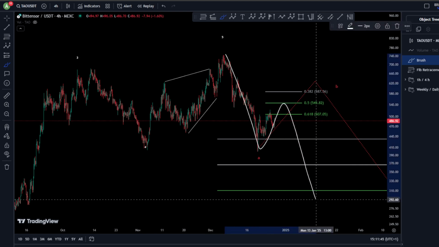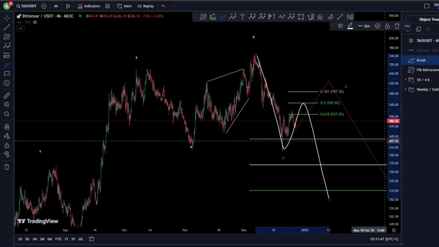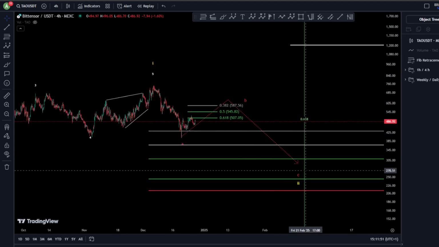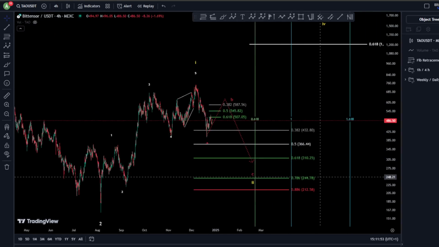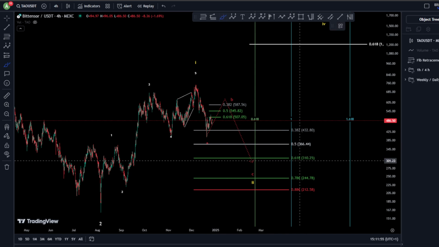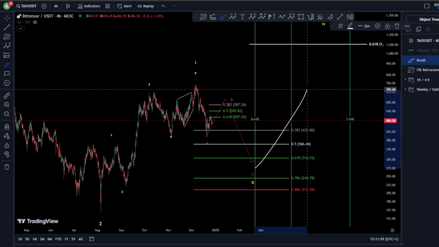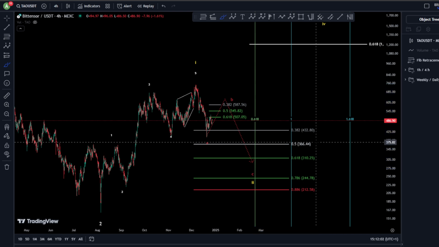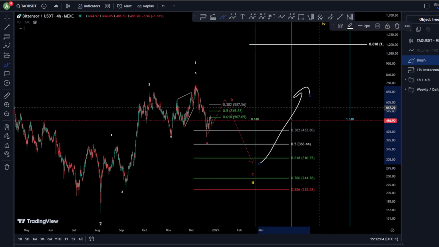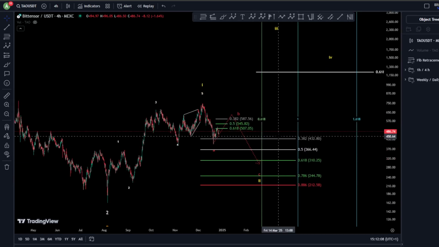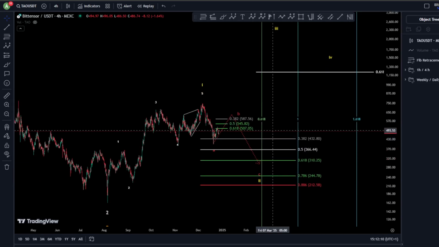By hitting the 0.5 fib level, you would like to see your wave C unfolding towards the downside and hitting as well the perfect fib level for a wave 2 between 0.618 and 0.78 fib level, and then starting to move towards the upside impulsively and explosively to reach some higher prices somehow in the next year. So basically that was it for TAO.